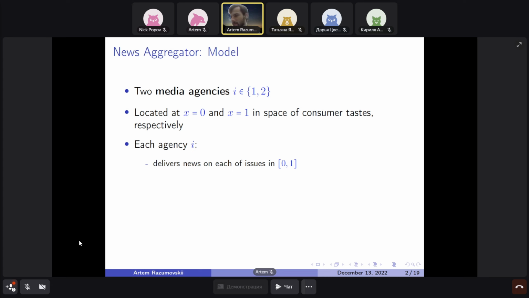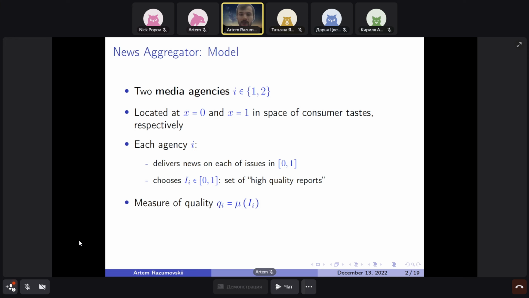That's how you like agencies as well. For example, you don't like the Metro newspaper, but you like something else, Komsomolskaya Pravda. Just the title, how it looks. But then you have different utility from the quality, so each agency chooses the high quality of reports from the interval from 0, 1. This space is about the topics, and they can be low quality or high quality.